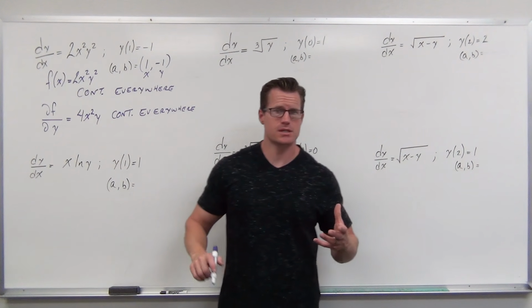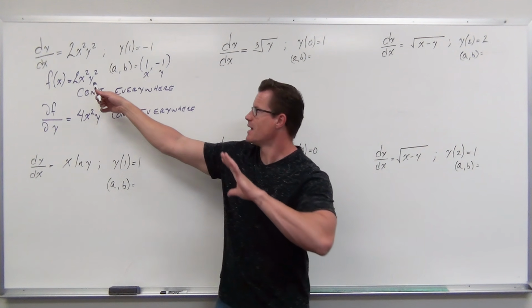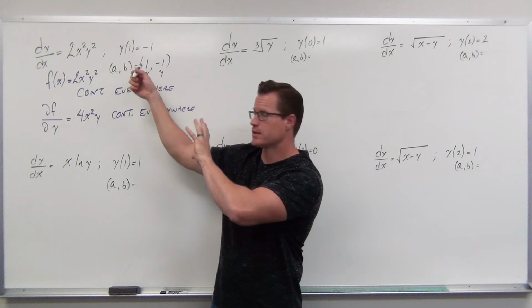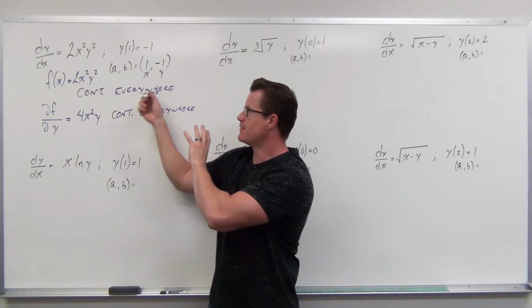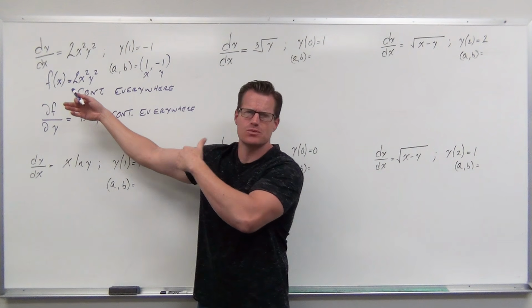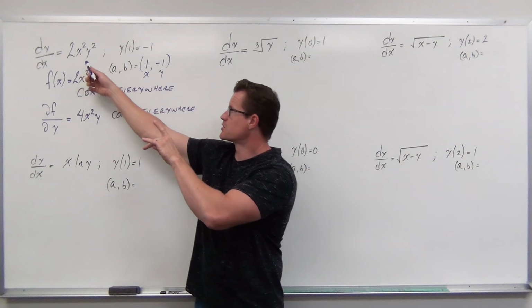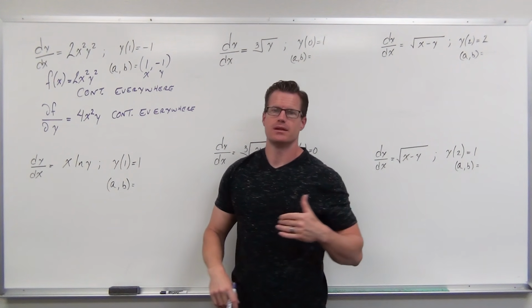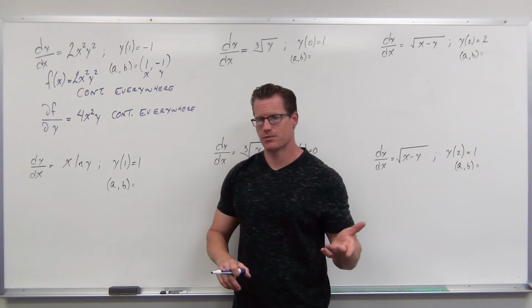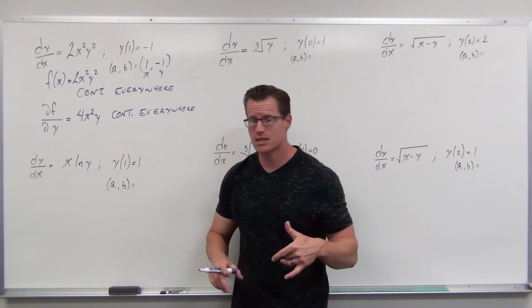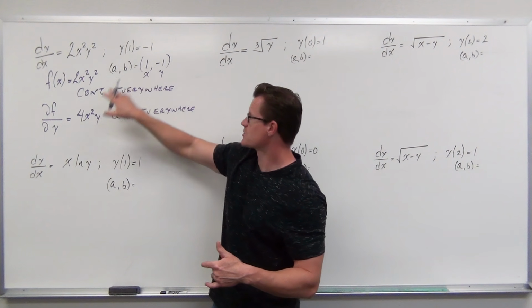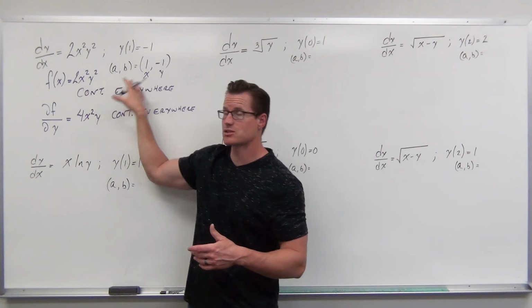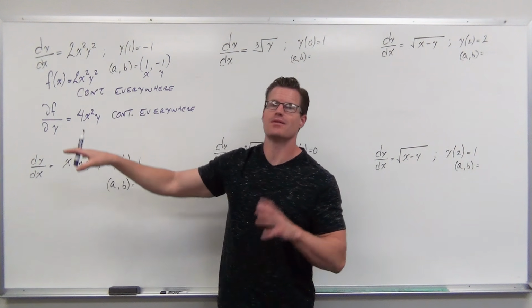So with those 2 things combined, the first one says this function's continuous in the neighborhood of that point. That means that we have a solution, at least one solution to that differential equation through that point. This says, furthermore, now that our partial derivative of f with respect to y is also continuous, this is continuous around this point, this is also continuous around this point, not only does a solution exist, that's 1, but the solution is unique, that's 2.